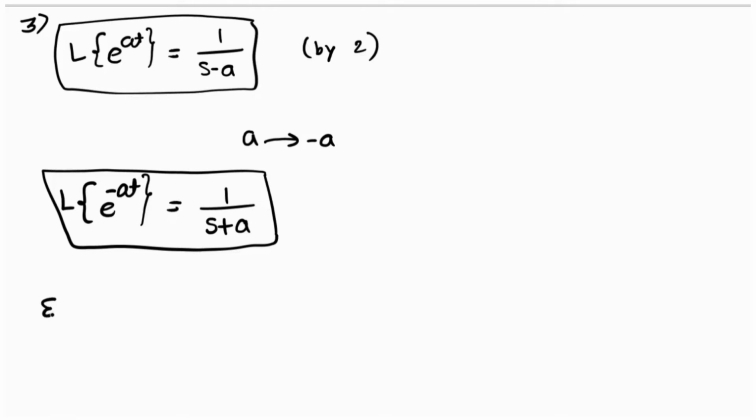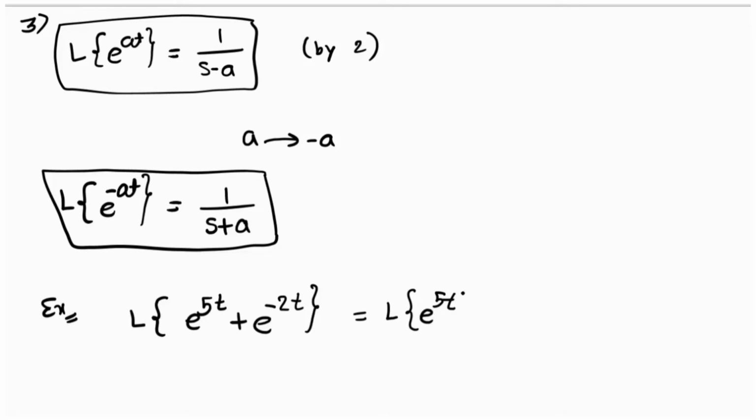For example, suppose we are given the question: find the Laplace transformation of e raised to the power 5t plus e raised to the power minus 2t. Here we can write the Laplace of e raised to the power 5t plus the Laplace transform of e raised to the power minus 2t.